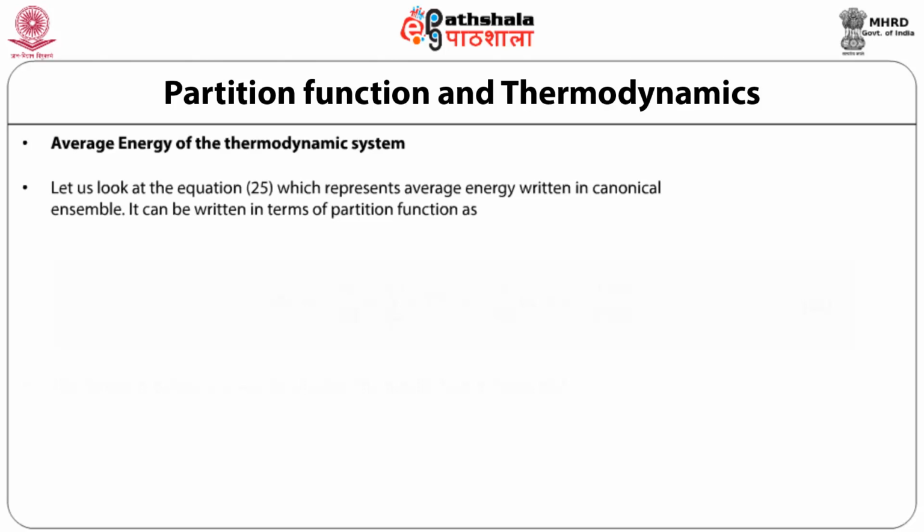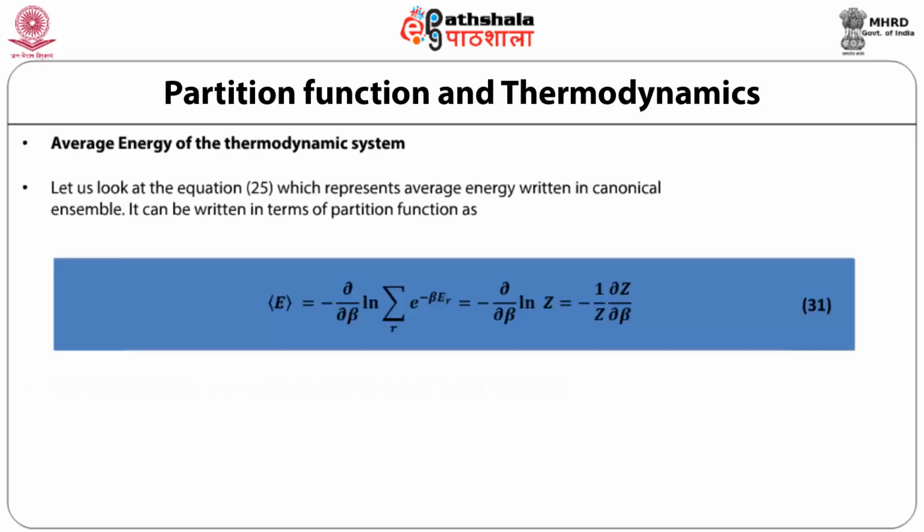It can be written in terms of the partition function as the mean value of energy is equal to negative of the partial derivative of log of the summation over R of e raised to power minus beta ER with respect to beta, is equal to minus partial derivative of log of Z with respect to beta, is equal to minus 1 upon Z times the partial derivative of Z with respect to beta. This further provides us a way to calculate the specific heat in terms of Z.